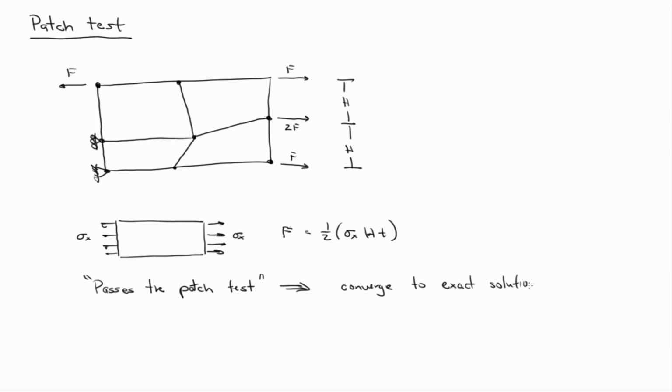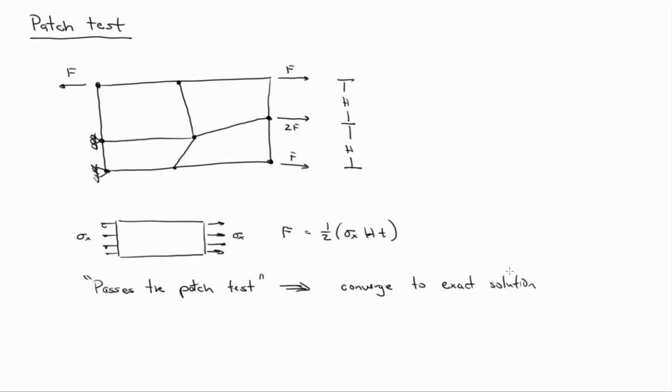So converge meaning as I refine the mesh, if I have an element formulation that passes the patch test, as I refine the mesh, it will converge to the exact solution, if it's stable. So we're saying the element doesn't have some defect like the underintegrated elements do.